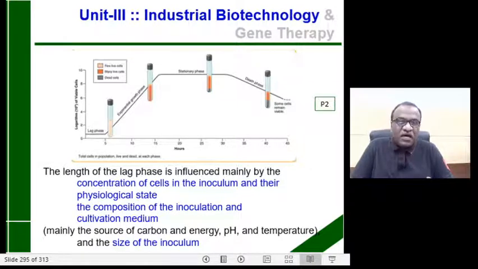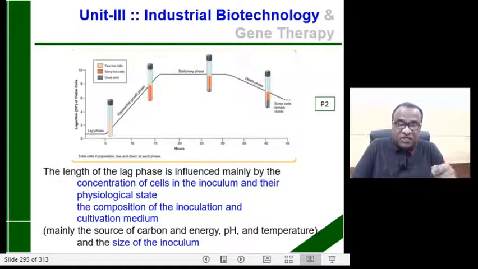That is, the product harvest will be more efficient. The length of this lag phase is influenced by the concentration of cells in the inoculum. See, our target is to reduce or shorten this inefficient period in the fermentation process.